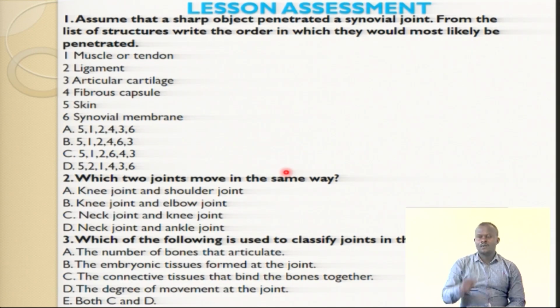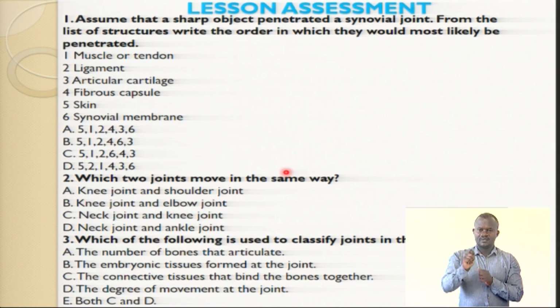1, muscle or tendon. 2, ligament. 3, articular cartilage. 4, fibrous capsule. 5, skin. 6, synovial membrane. So you're going to choose: A, 5, 1, 2, 4, 3, and 6.